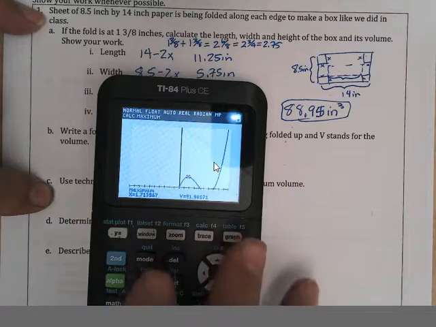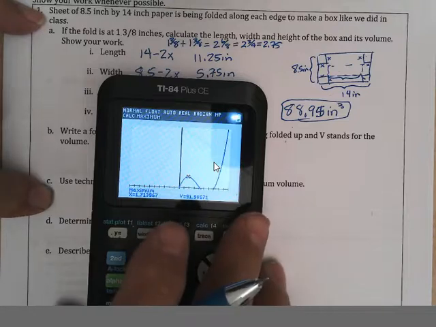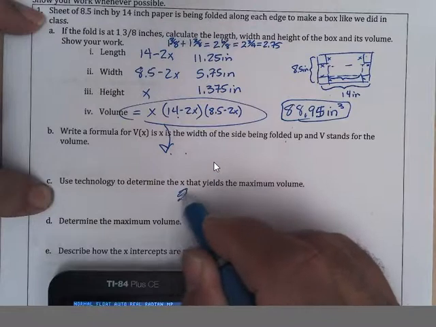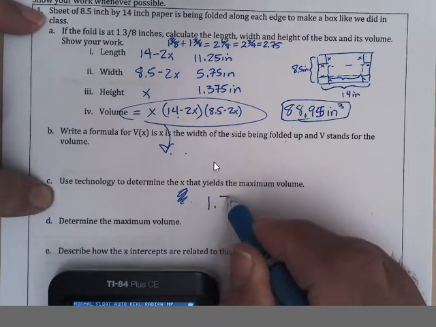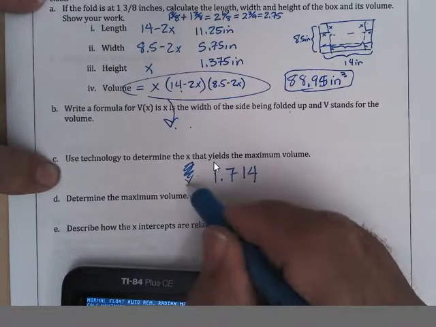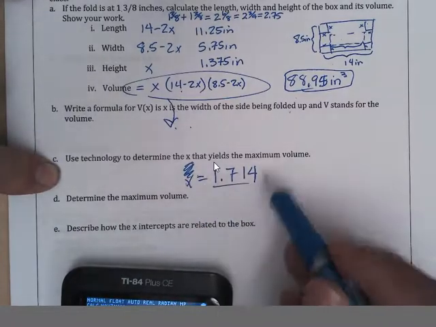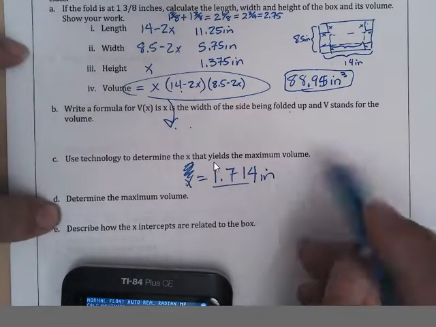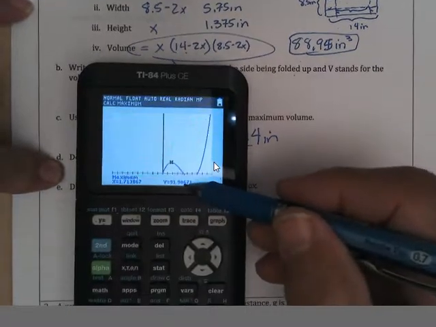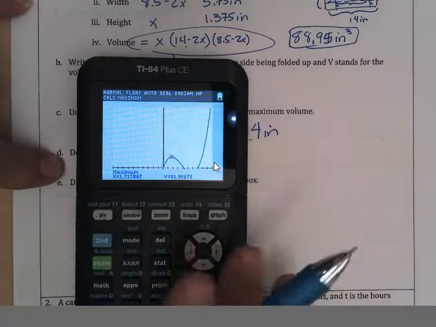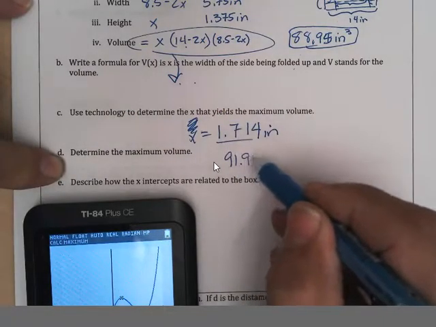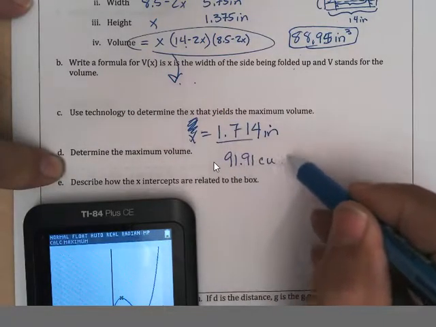It says 1.714. 1.714 is the x, or the size to cut that piece, in inches. So the maximum volume was 91.91 cubic inches.